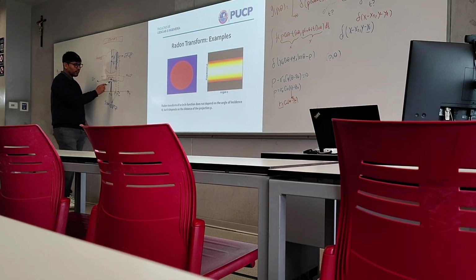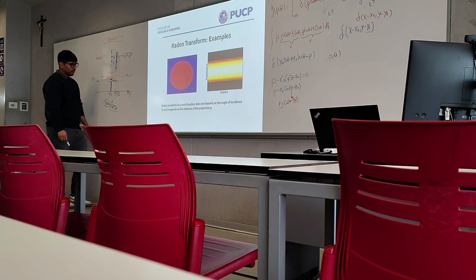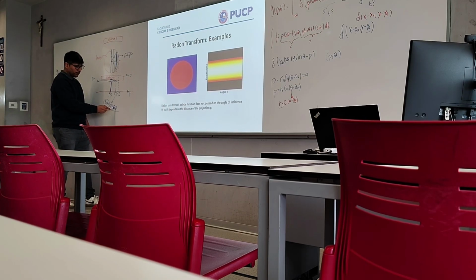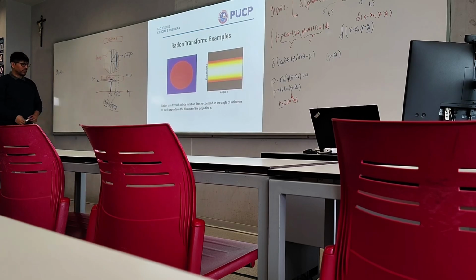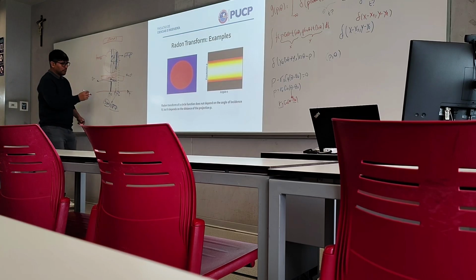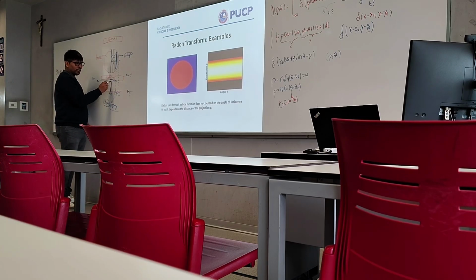So in fact, if we look at the function, this function is this for 0 degrees. It will be like a square root of something minus p squared. Well, it will be some value between 0 and the maximum, right? So maybe something like this. In fact, we have some decay.